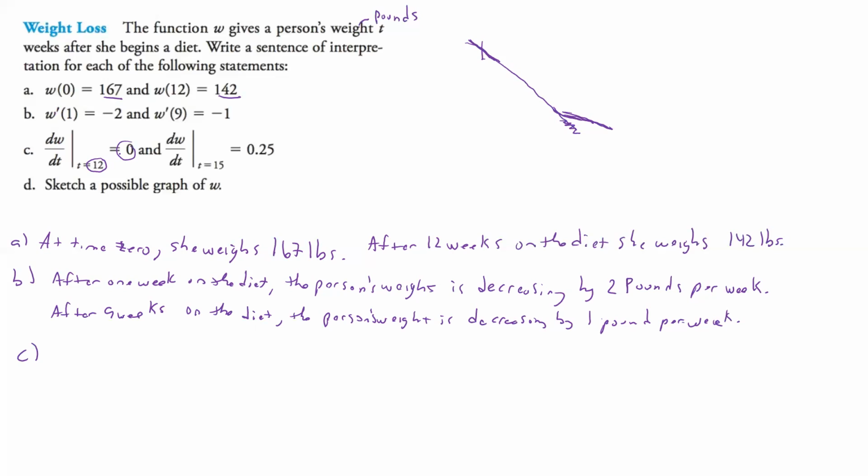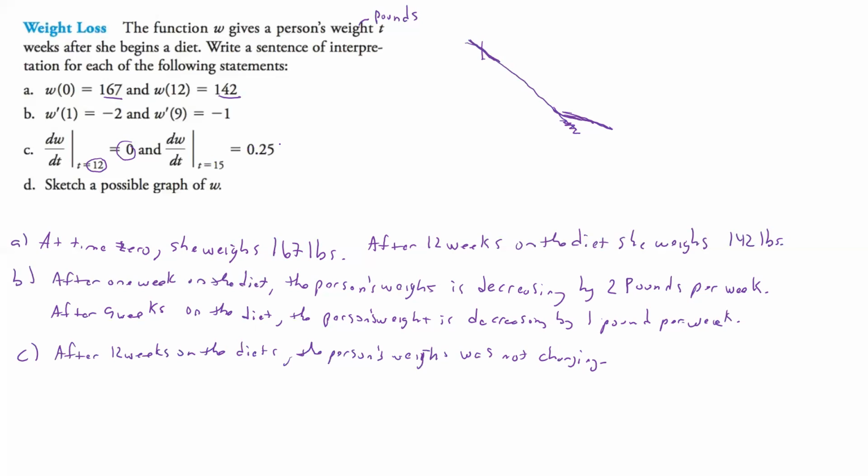So after 12 weeks on the diet, the person's weight was not changing, because it was staying constant. We have to have that -ing in there, so not changing. That's how we get that.